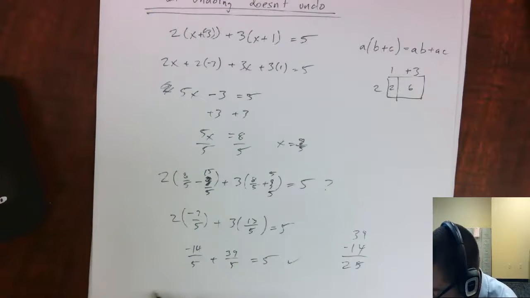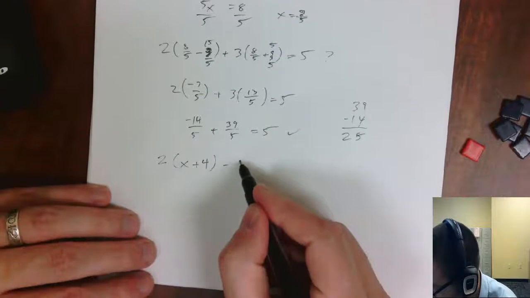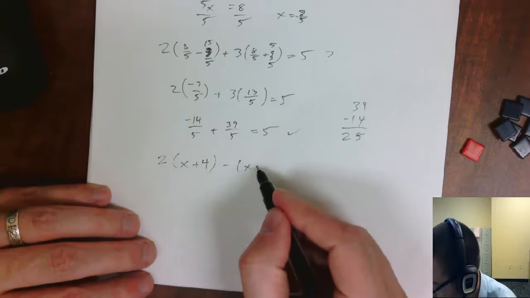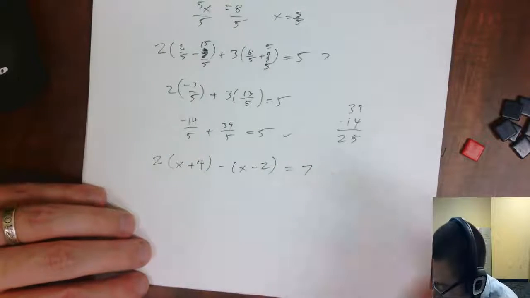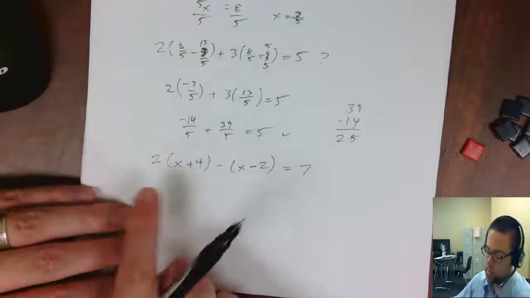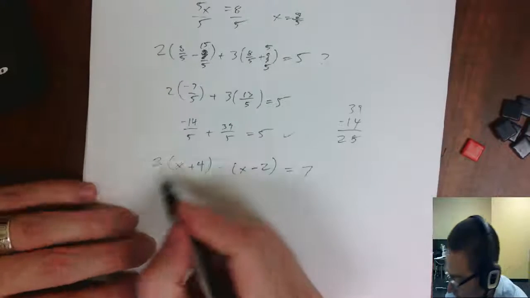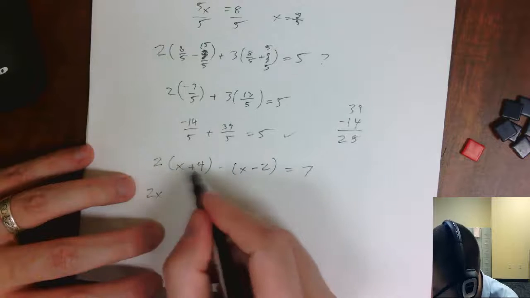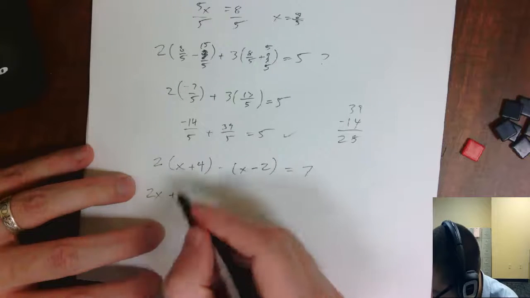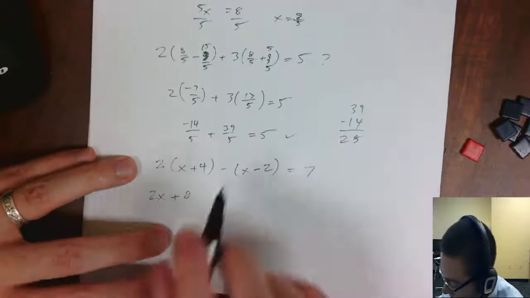Let's talk about one more type. This is a very common mistake that people make. So let's look at 2 times x plus 4 minus x minus 2 equals, I don't know, 7. Okay, so I could distribute this part. You guys can probably do that on your own. So 2 times x plus 2 times 4, I'm just going to do that in my head, is 8.